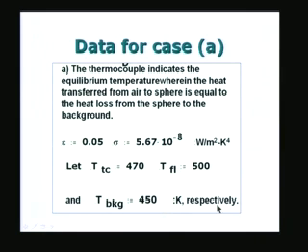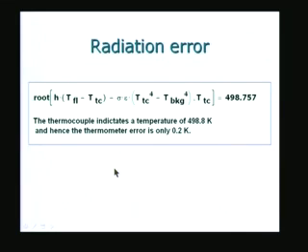These are already given, all temperatures in Kelvin, and when calculating anything to do with radiation, you have to use temperatures in Kelvin. I have to solve the equation h times (T_fluid minus T_tc) minus sigma epsilon times (T_tc to the power 4 minus T_background to the power 4).